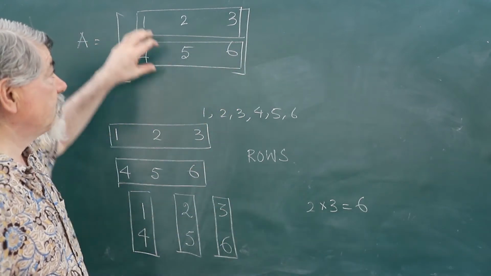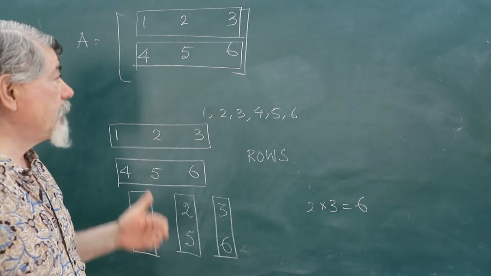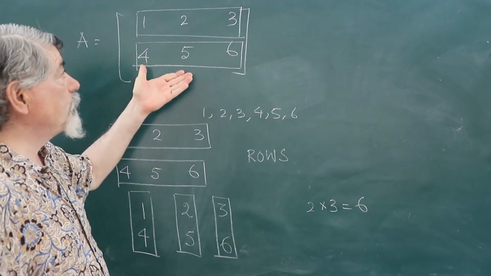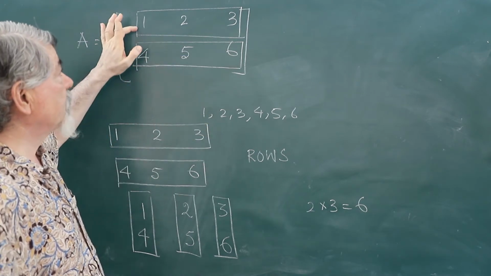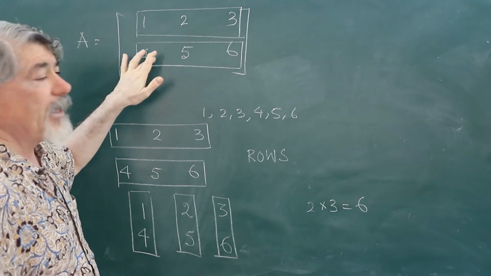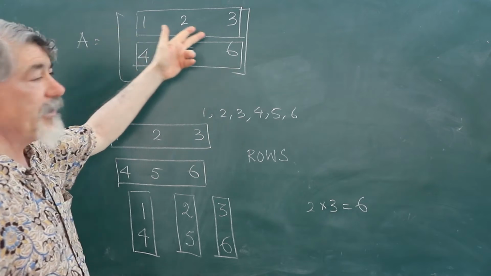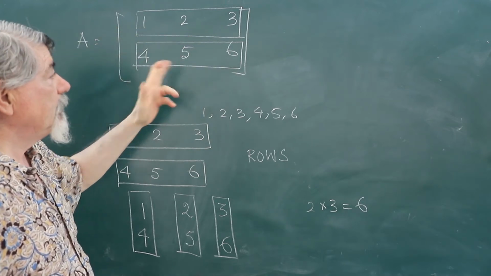There will be 6 elements in this matrix. If you multiply the number of rows with the number of columns, it will give you the number of elements in the matrix.